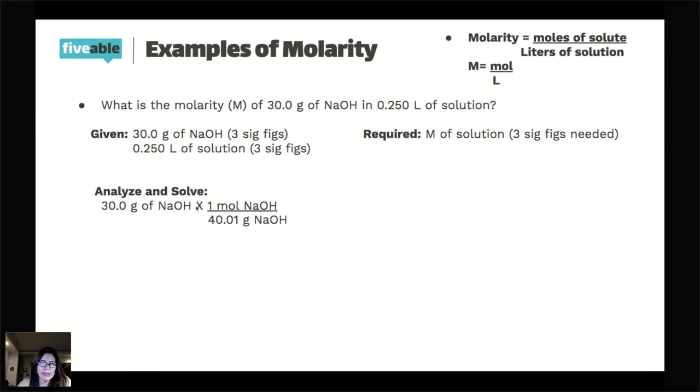If you set it up using dimensional analysis, you can cancel grams of sodium hydroxide, and then you have moles of sodium hydroxide on the numerator, which is what you want. But now, what do you have to do to finish this problem?